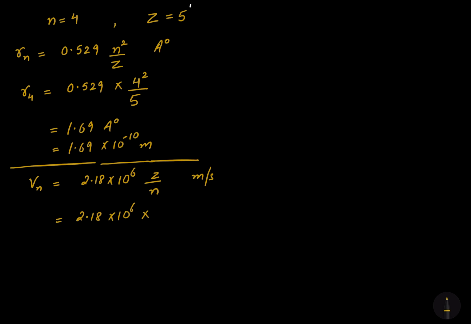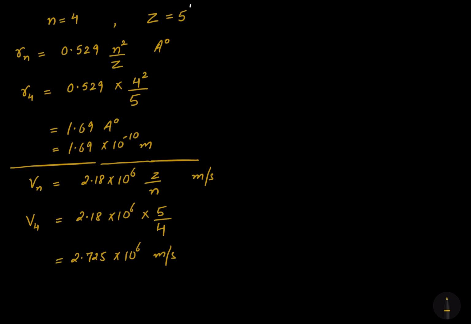What's z over here? The atomic number of boron was 5, and we have to evaluate the velocity of electron in the fourth orbit, so n is 4. So this comes out to be 2.725 into 10 to the power 6 meters per second.